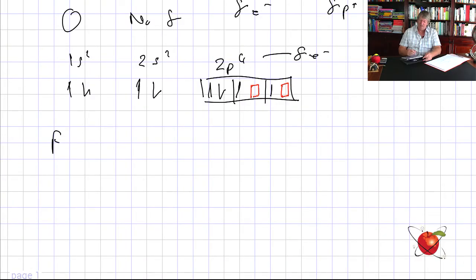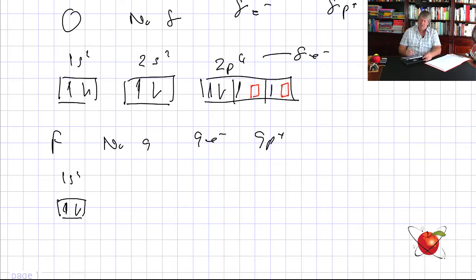Let's look at number 9. Number 9 is going to be fluorine. It's number 9, so it's got 9 electrons, 9 protons. What happens? Once again, 1s2, we fill it like that, right? Sorry, I should have drawn the blocks in over there. We say 2s2, like that.